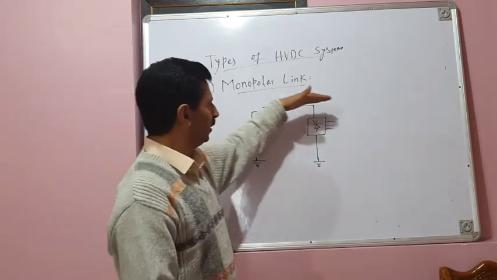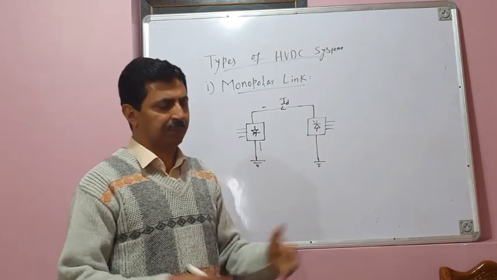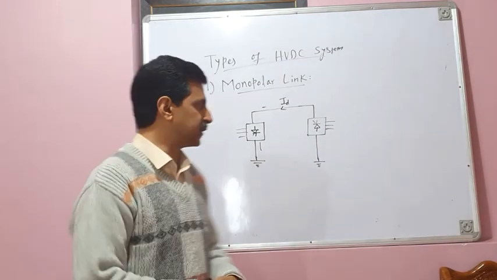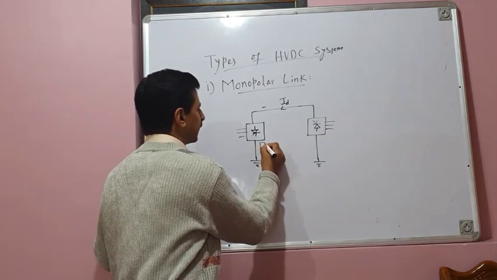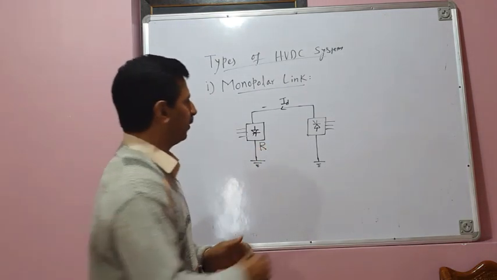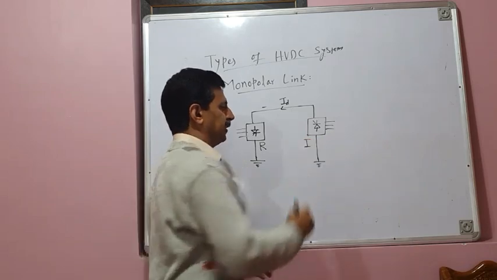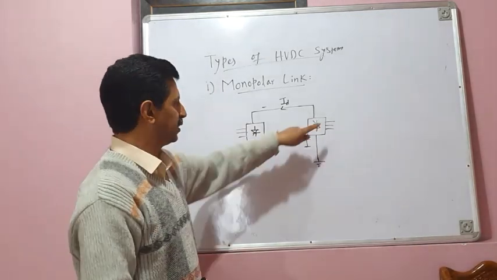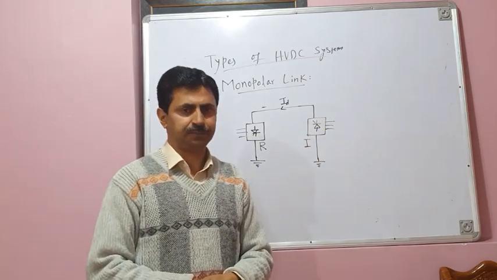This line or conductor or pole may be hundreds of kilometers in length. Now this converter may operate as a rectifier and this converter may operate as an inverter. So this forms our rectifier station and this forms our inverter station.